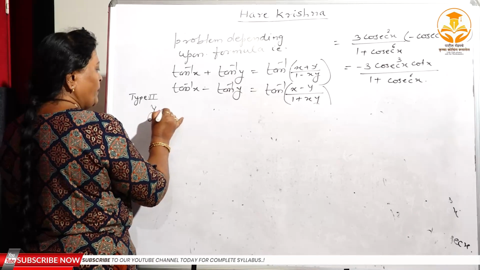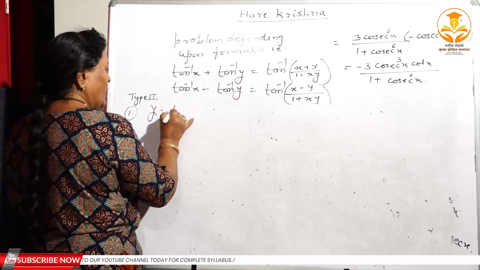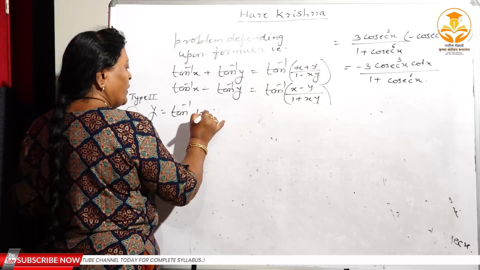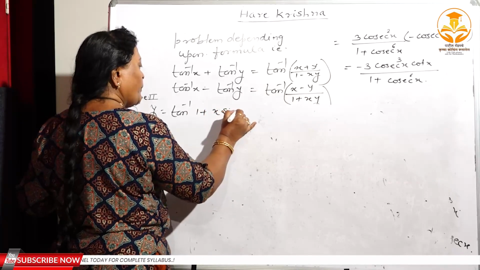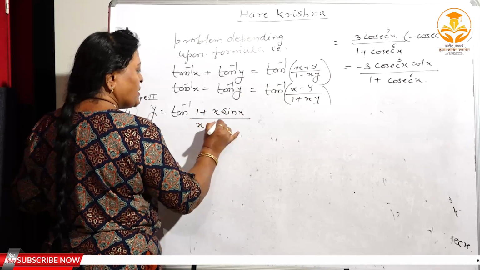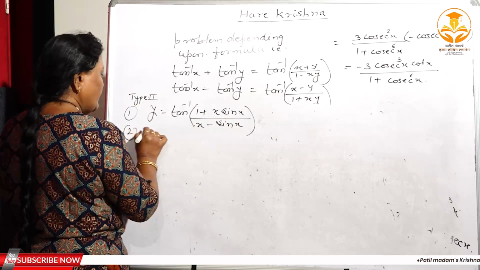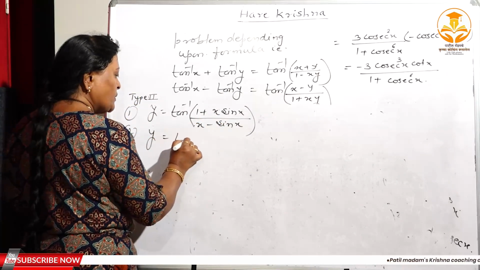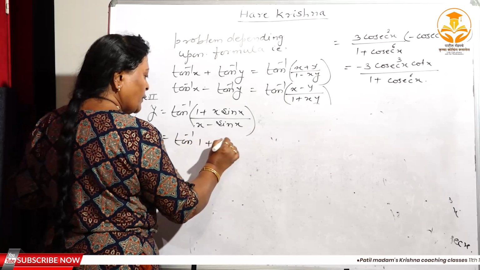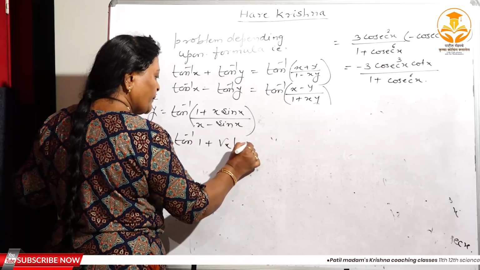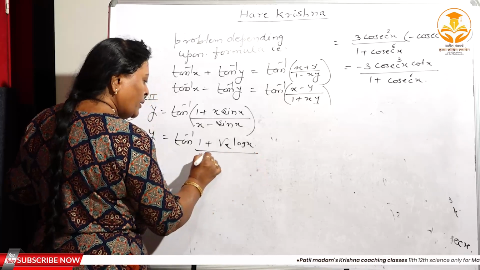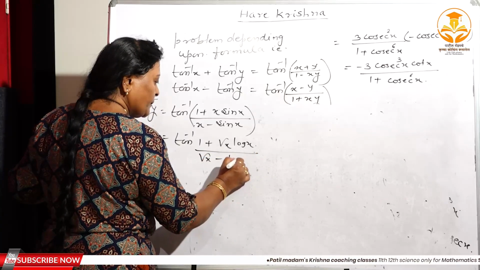Y is equal to, first one, tan inverse of (1 plus x sin x) divided by (x minus sin x), right? Second one, y is equal to tan inverse of (1 plus root x log x) divided by (root x minus log x).